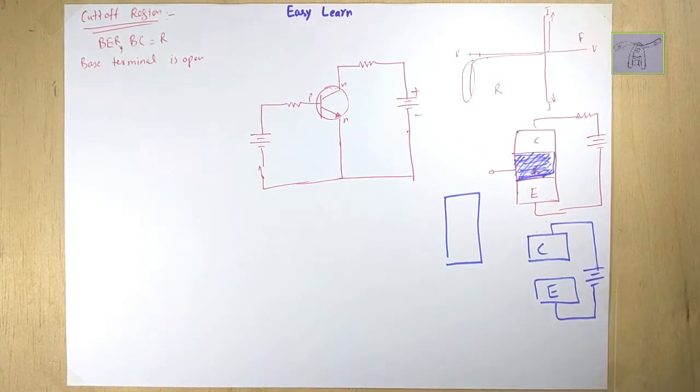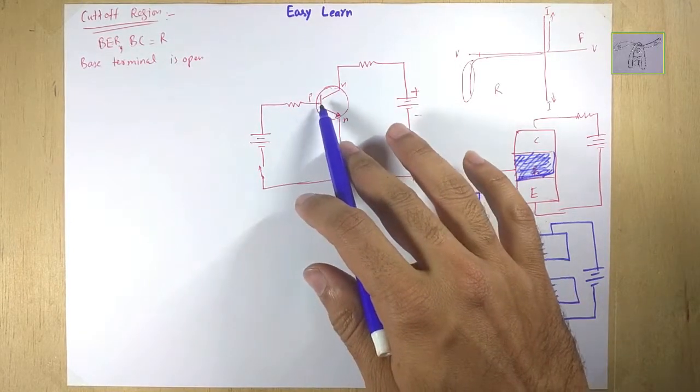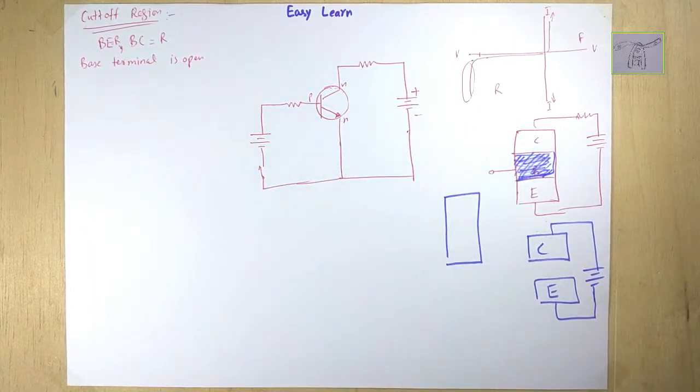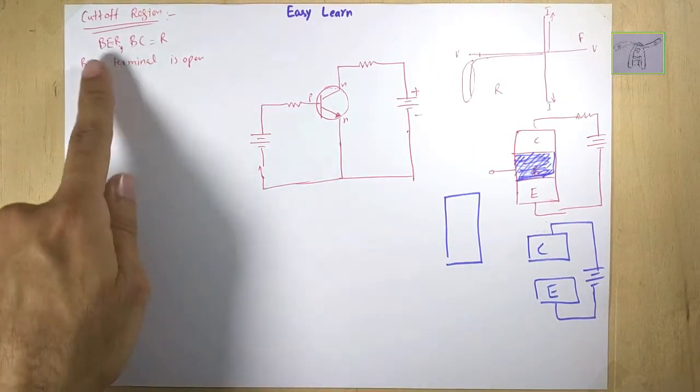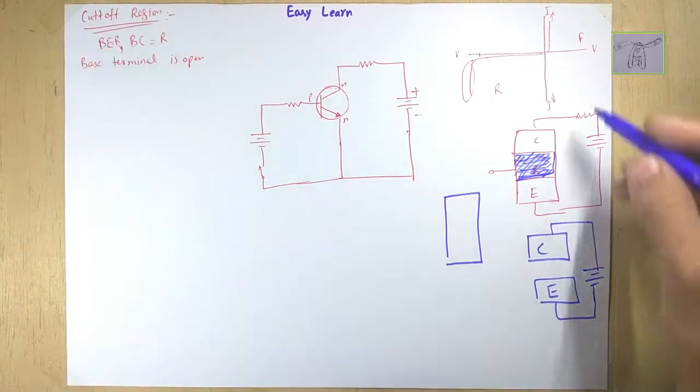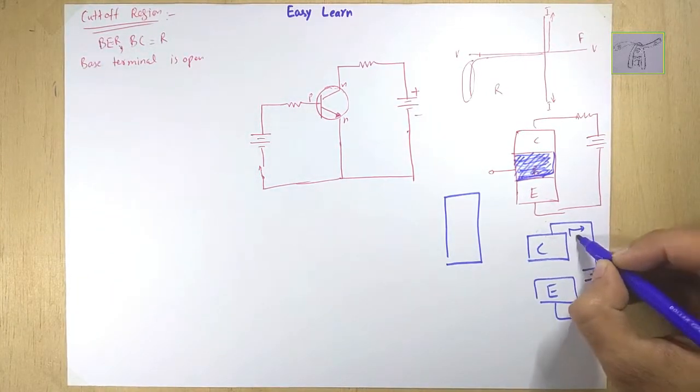This is an open circuit, and there is no path between emitter and collector, because there is no base voltage VB, no biasing voltage at B. So both the collector-base junction and the base-emitter junction are in reverse bias, and when they are in reverse bias there is no collector current, which is our output, and IC equals 0.